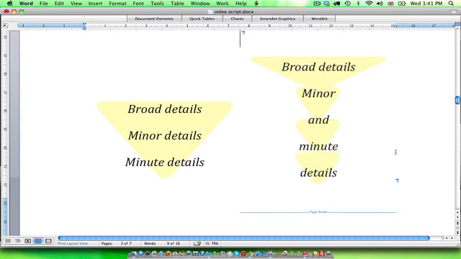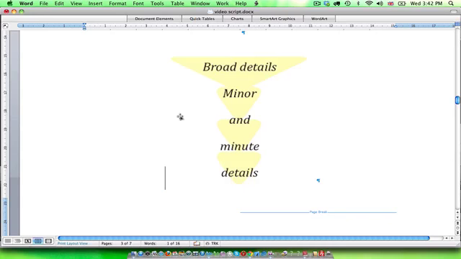So as I was saying, although many people might think you start talking broad and then you talk all about your minor details and then minute details, this method of describing your data source is not correct. What you want is to start by talking about the broad details that you are given, and then move into the minor and minute details.